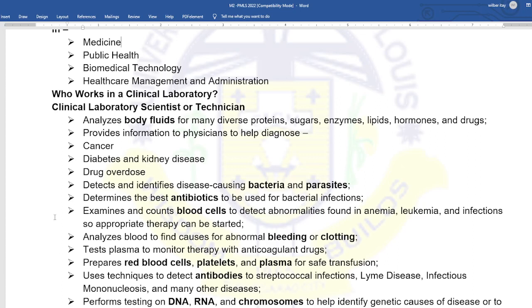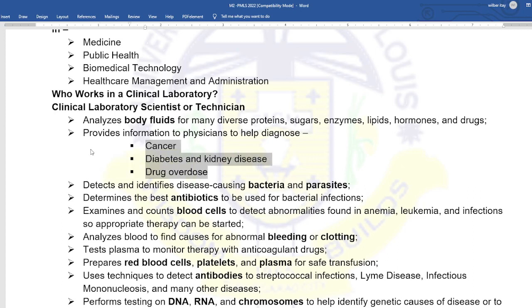Again, we analyze body fluids for protein, sugar, enzyme, lipids, hormones, and drugs, and many more. Okay, that will provide information to physicians in order to help diagnose, dapat ganyan yan, cancer, diabetes, and kidney disease, drug overdose. So, guys, this is not limited to these diseases.